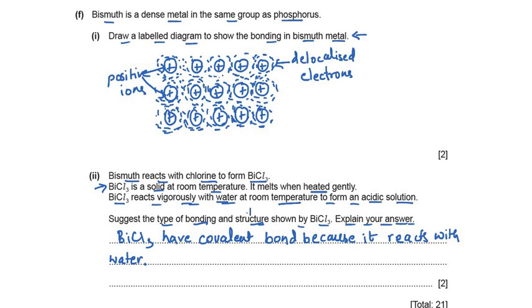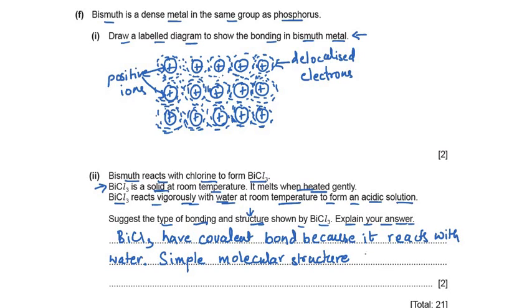Now it asks about the structure also. I would say it has a simple molecular structure. You can write a full sentence that BiCl3 has a simple molecular structure. The reason is that it is solid, but it melts gently when heated.